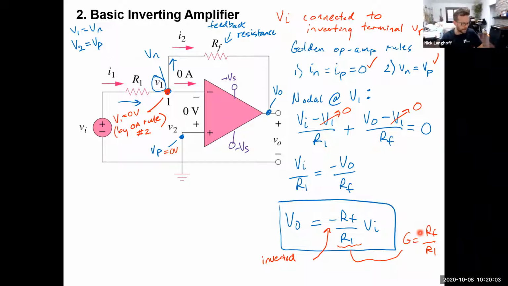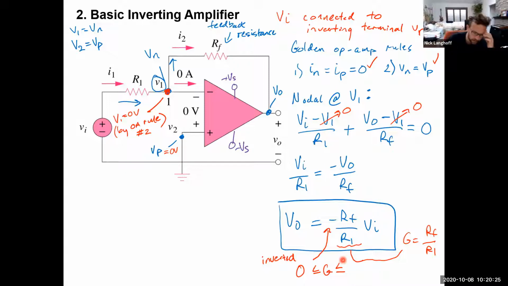So you can set that gain. What are the possible values for the gain? We could make RF equal to 0. If RF is 0, then the gain is 0.